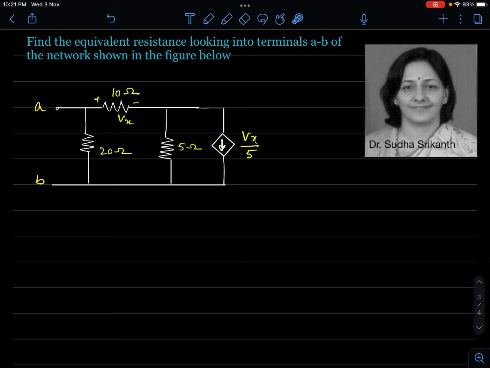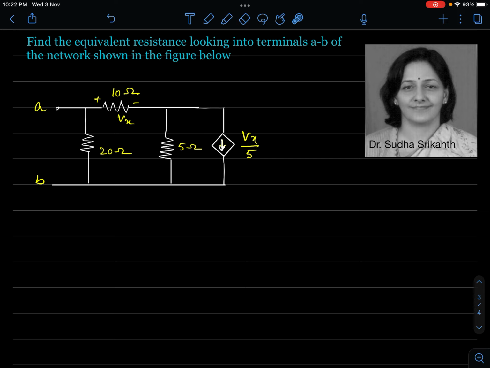So what is the process? This is not an independent source, so that we can deactivate it. So what is the method? There is a simple technique to be adopted. It is a fantastic principle, a very fundamental first principle. If we can appreciate it, it is a very, very simple exercise to do. What we do is, between A and B, we imagine a current source, or we connect a current source actually, right?